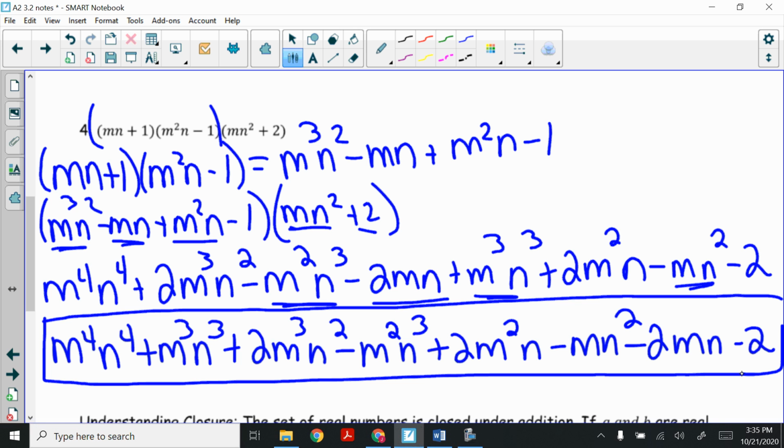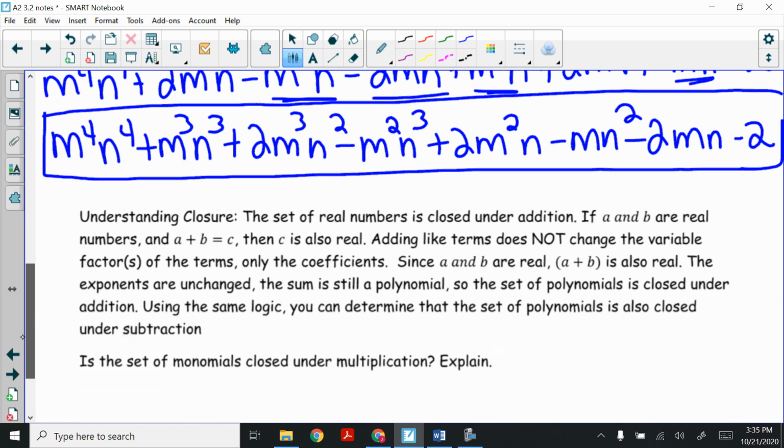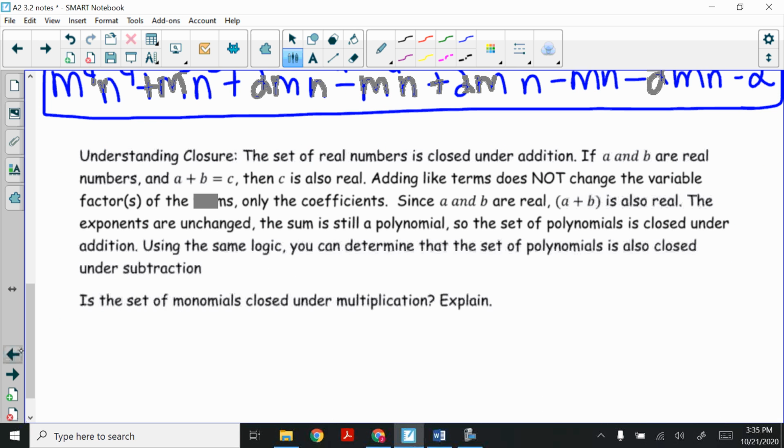Okay. All right, now we're going to quickly talk about understanding closure. So it tells me that the set of real numbers is closed under addition. If a and b are real numbers and a plus b equals c, then c is also a real number. Adding like terms does not change the variable factors of the terms, only changes the coefficients.